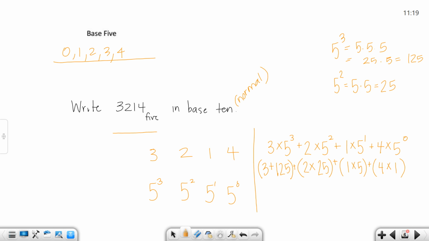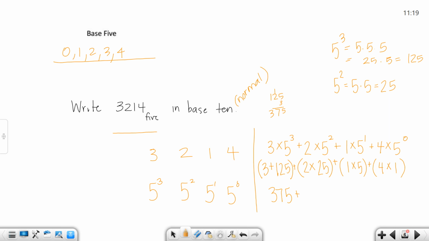That's how you're going to start one of those that I ask you to write in base 10. You'll just break it into its expanded parts. So 125 times 3, I'm going to get 375.